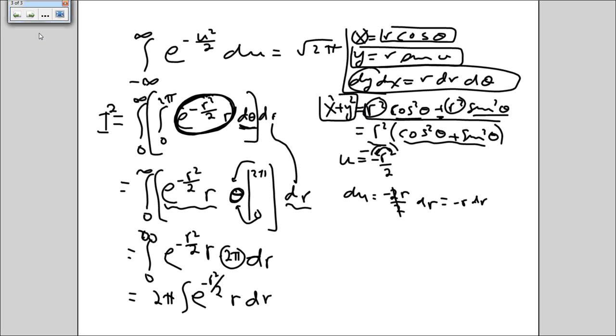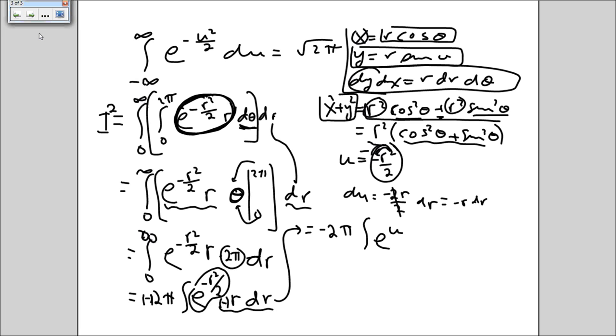What you can do is put in a negative sign, so long as you bring out a negative. So, coming up here, we have negative 2 pi in front. And this piece will be e to the u, and negative r dr is du.